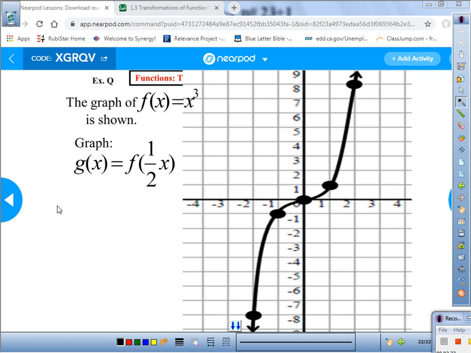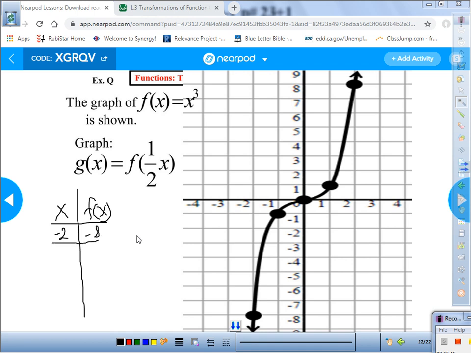I'm going to do x, f of x. My first point here is -2, -8. Next point, -1, -1. Next one right here is the origin, 0, 0.